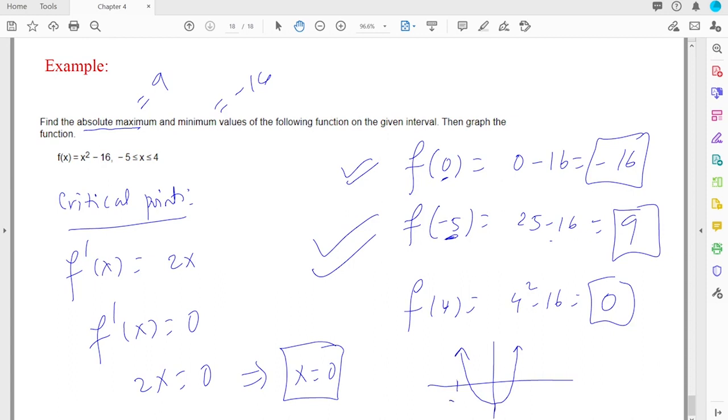So -5 is here, +4 is here, and at 0 this is -16. This is the value at -5, that would be +9. So this is the graph. I plotted the graph by using the graph of the parabola x squared and shifting it 16 units down. From -5 to +4, we just have to focus from here to here. Okay.